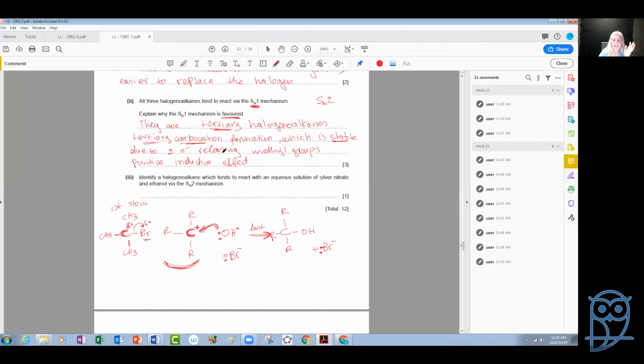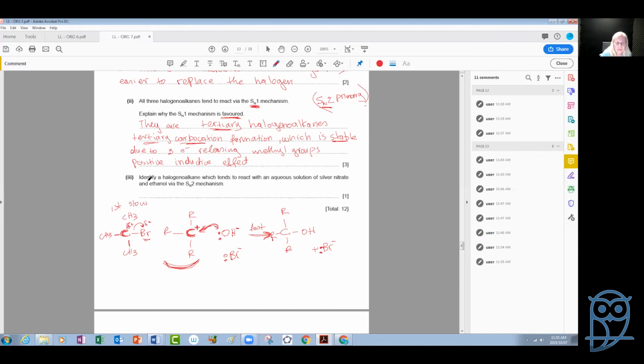So it's important to know the difference between how the tertiary halogenoalkanes behave and how the primary halogenoalkanes behave. The primary would not undergo this mechanism, they would undergo the other mechanism. This is for the primary, which is not our case in this example. We have tertiary halogenoalkanes.